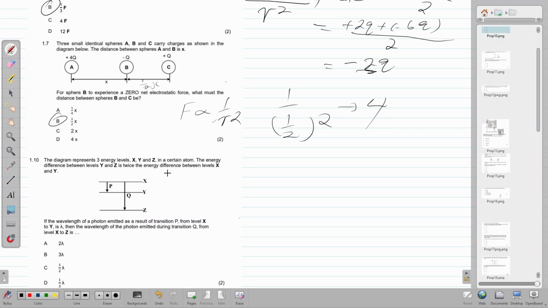All right, and then 1.10. The diagram represents 3 energy levels, X, Y, and Z, in a certain atom.